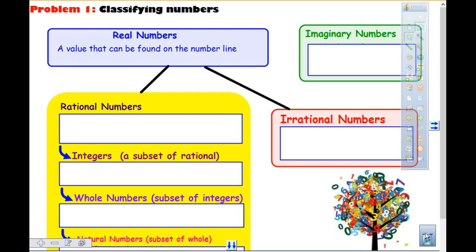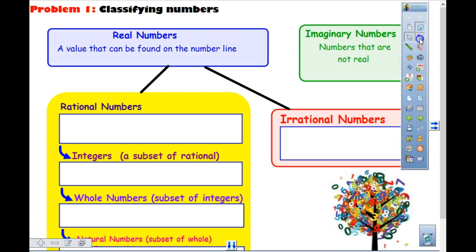Other category, and last year you might have talked about this, is the imaginary. You might not have talked about it too much, but when you're finding square roots, you can never find the square root of a negative number. So numbers that are not real, that's pretty general, right? Makes sense. Real numbers, not real, is imaginary.